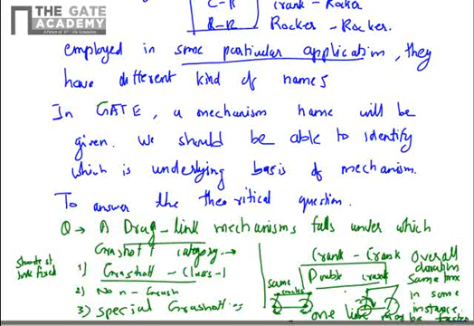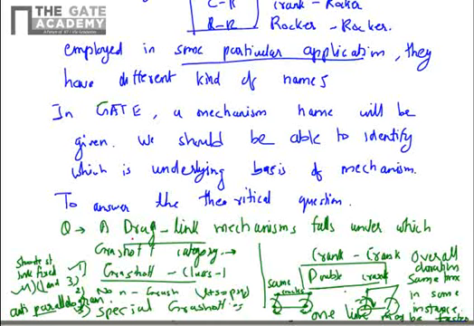There you get this, or you get it in the special Grashoff mechanism. Special Grashoff means L plus S is equal to P plus Q, which is the anti-parallelogram. There you can get the double crank mechanism, where one link is dragging behind the other. So both answers 1 and 3 are correct. You may have a fourth option like 1 and 3. So that is the correct choice.